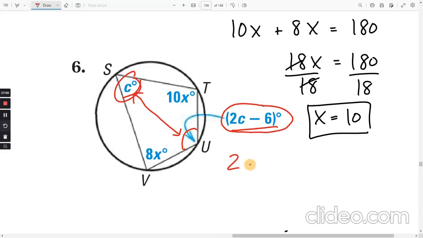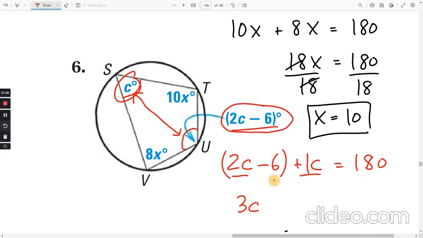So we have 2C minus 6, and we're going to add C, and that equals 180. Okay, combining like terms, 2C plus C, this is actually 3C. 2 plus 1 is 3. And we have negative 6. And that equals 180.